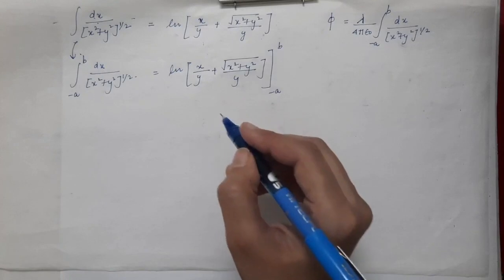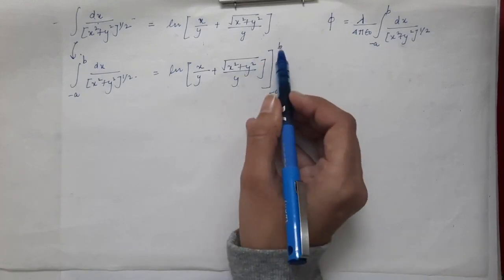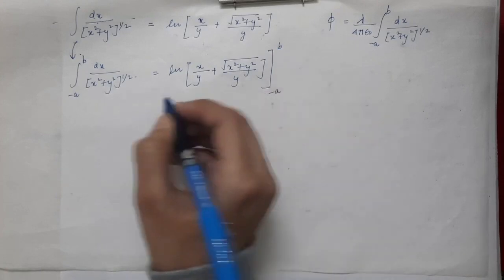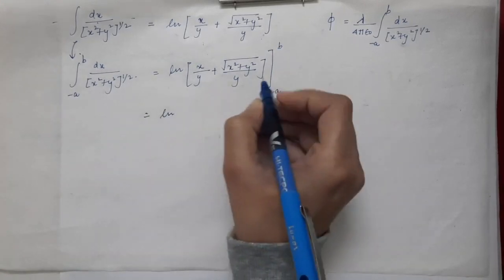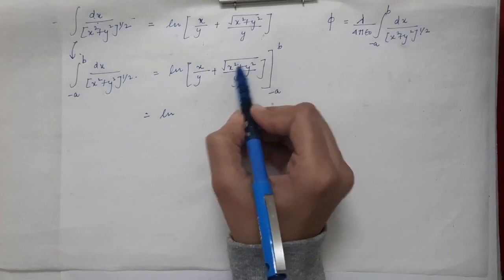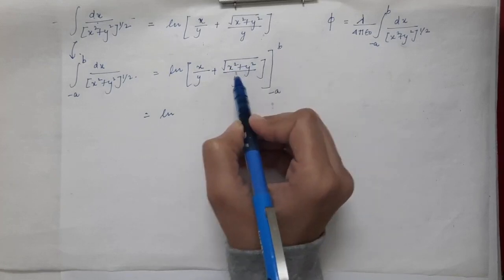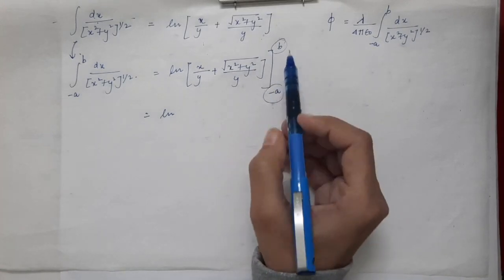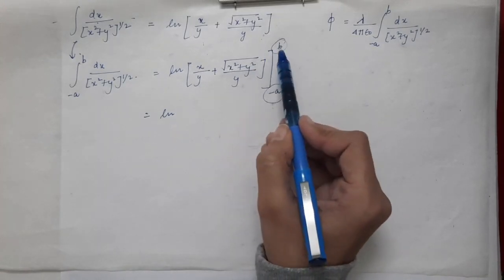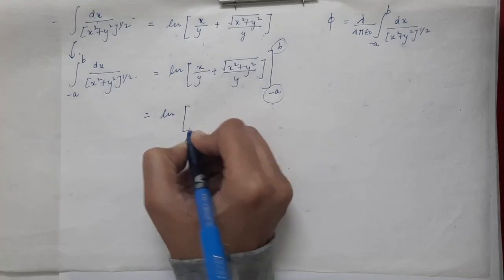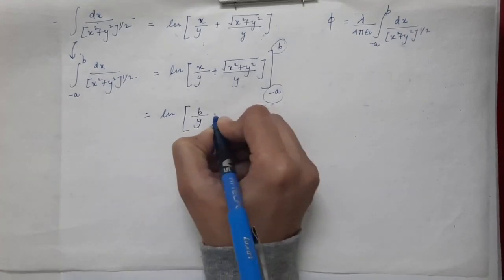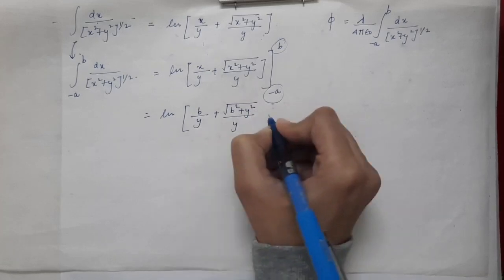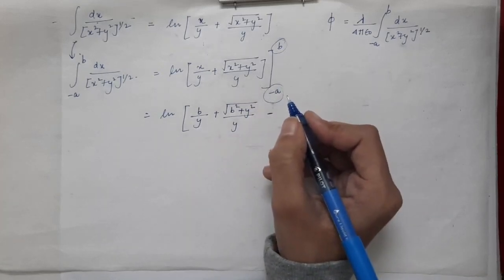So when you evaluate this term, you will put the upper and the lower limits over here. First of all you will put the upper limit of x, as y is a constant and these limits are only for x. So the upper limit of x is equal to b. That will be equal to b divided by y plus under root of b square plus y square by y. Then minus, you will put the lower limit.